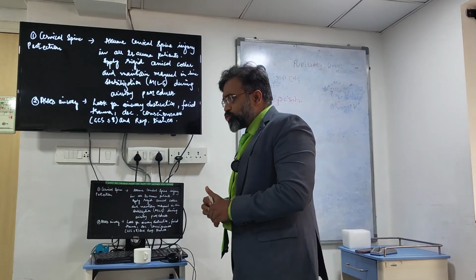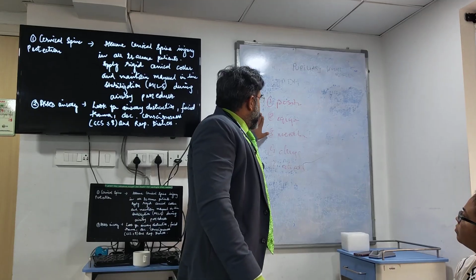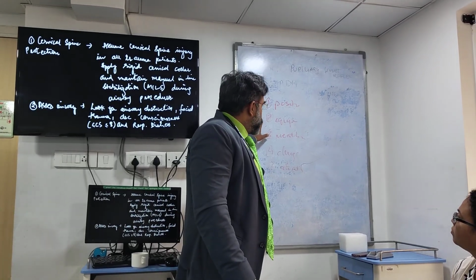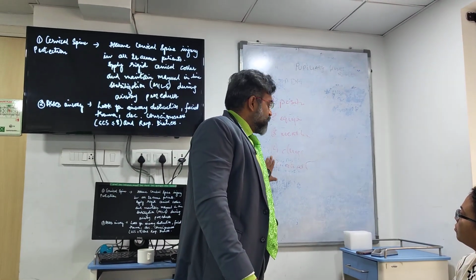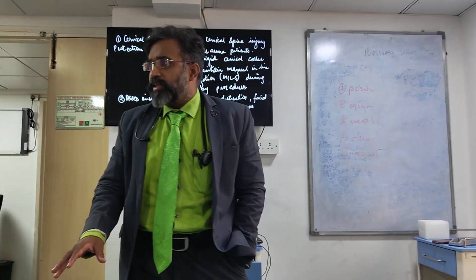So when you say intubation, there are so many things that come in on a patient, right from position to equipment, to pre-intubation, to drugs, and to post-intubation. There are so many things that you have to look at when you are intubating such a patient.